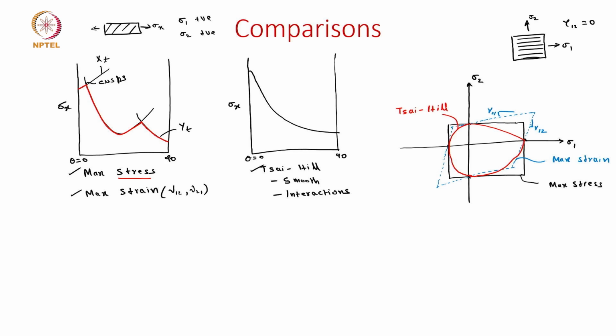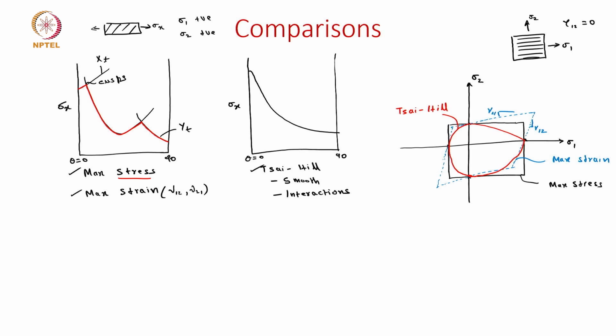So as we showed, in each quadrant it is a smooth curve, but at these intersection points, though it is continuous, the slope can be different because it is now dictated by a different equation. These are not the same equation to give a similar slope at the intersection points. So this should give a brief comparison between the different failure criteria we are using.